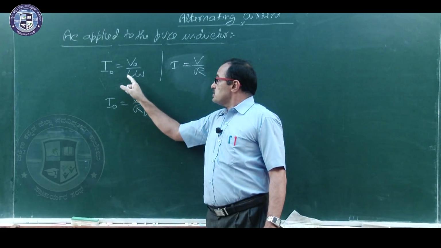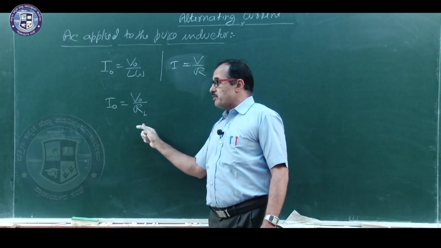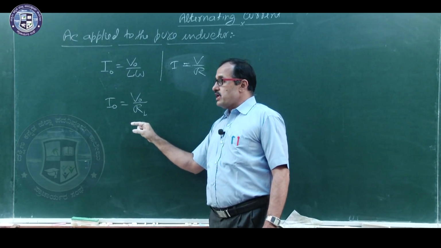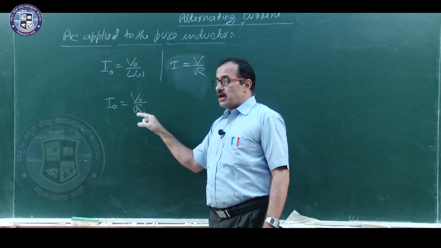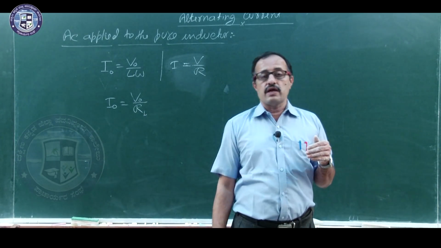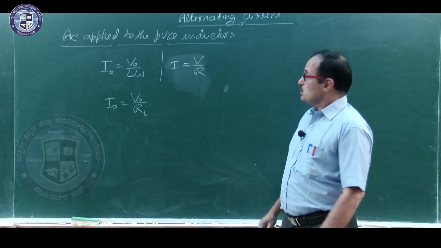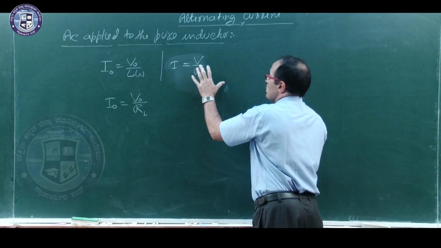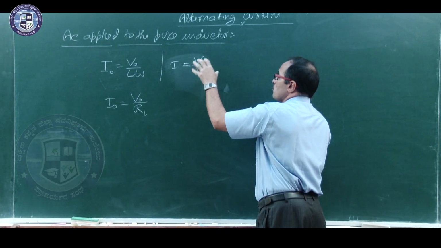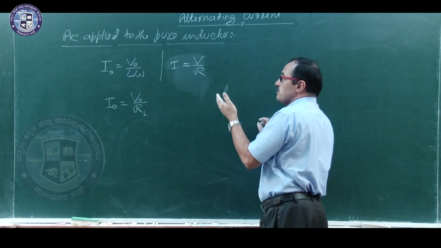So, if you write L omega as the resistance of inductor, then you have got a problem. It opposes the alternating current, but inductor never uses any electrical energy, thereby it cannot produce any heating effect. So, here resistance has got two properties, one is opposing, another one is consuming energy and producing heating effect.